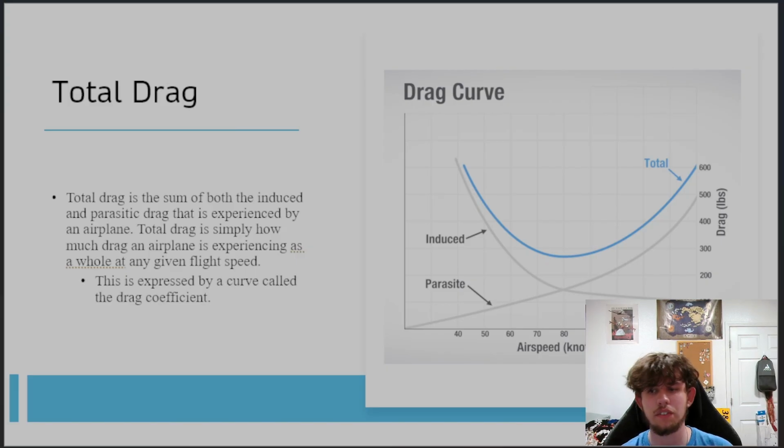This drag curve also helps give us our Vy speed, or the speed at which an aircraft can fly the quickest with the least amount of drag. It's not usually a very quick speed, however, this is usually the speed that aircraft manufacturers give as a climb speed, as it makes it easier for an aircraft to climb when it's under the least amount of drag for a given flight configuration.